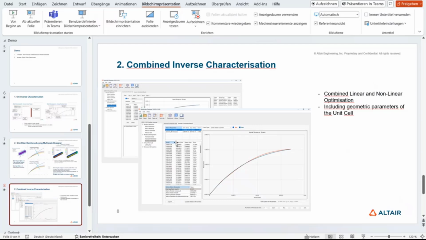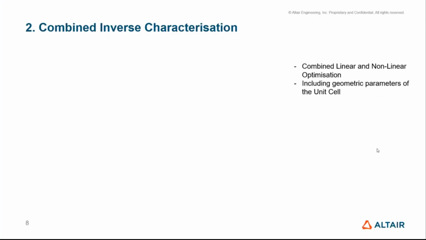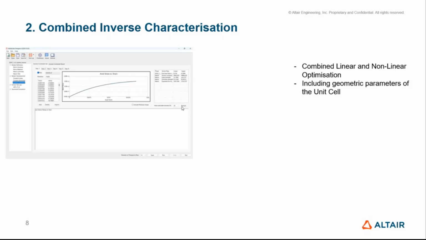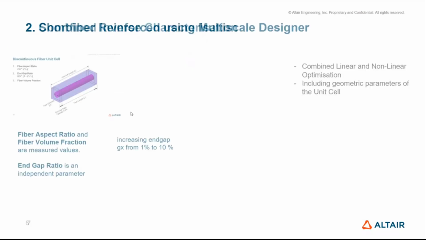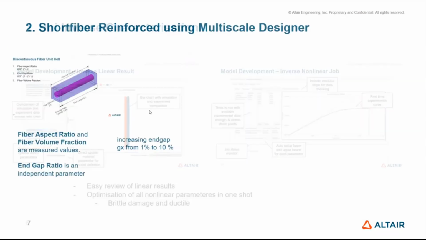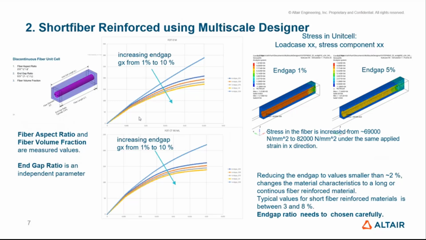So looking at that, we decided to rework the short fiber inverse characterization, because the short fiber material has a high influence of elastic parameters on the necessary inelastic parameters, and also some geometric parameters on the unit cell to find the optimal fit against the measured curve.